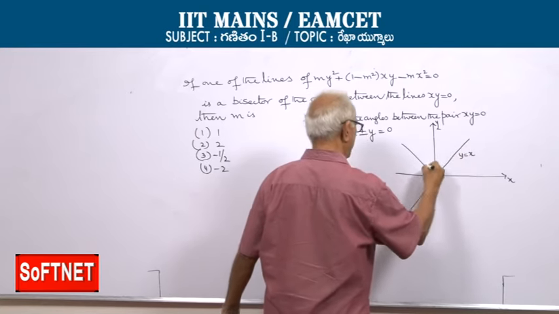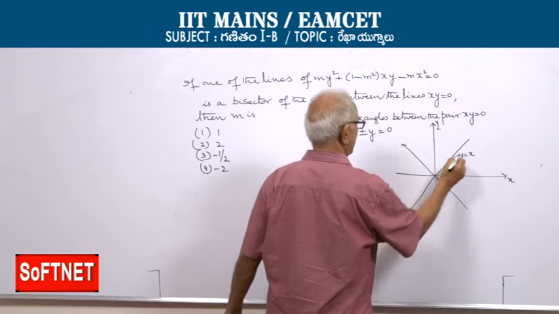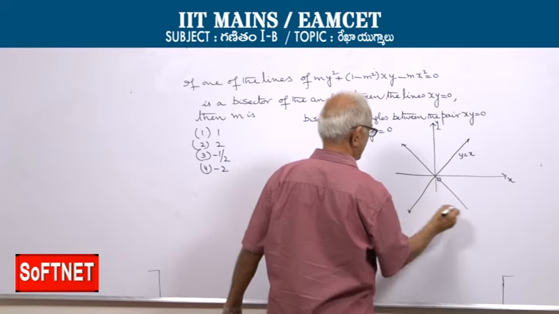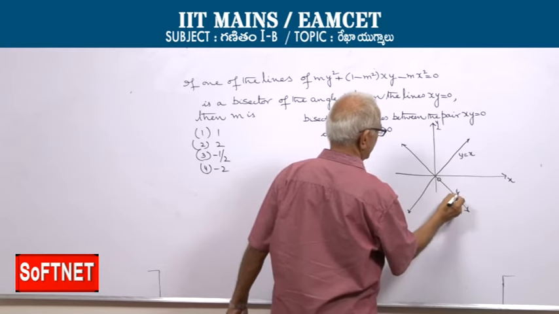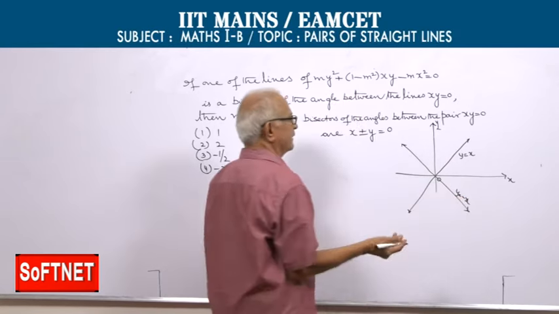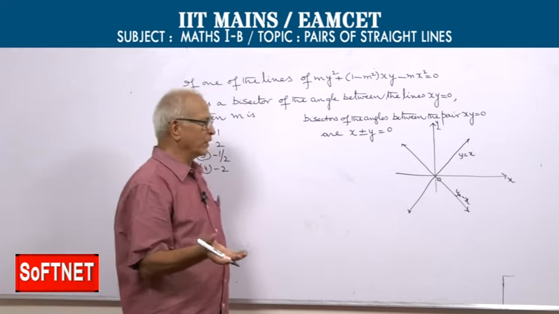Similarly the second line is perpendicular to it, passing through the origin, that is y equal to minus x. So these are the two lines bisecting the angles between the coordinate axes.